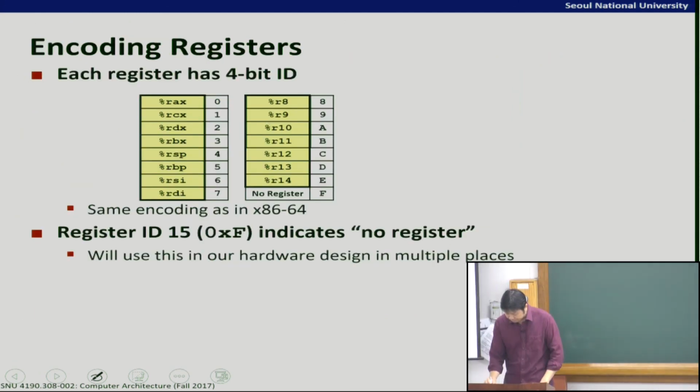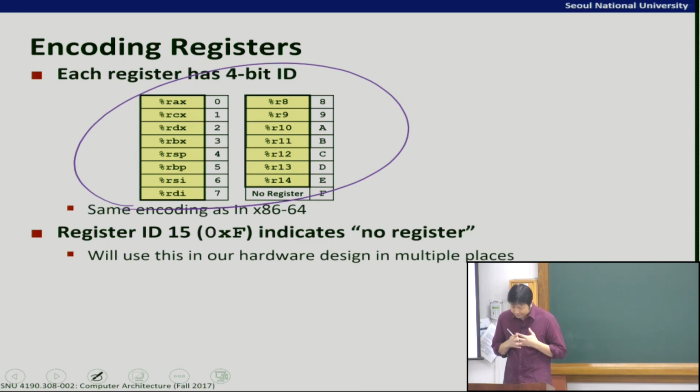You see here, we have 15 registers, and 0 through E actually map to real registers. 0 is RAX, 1 is RCX, 2 is RDX, 3 is RBX, and so on. And the last one, F, the 1111, means no register. It's like empty.